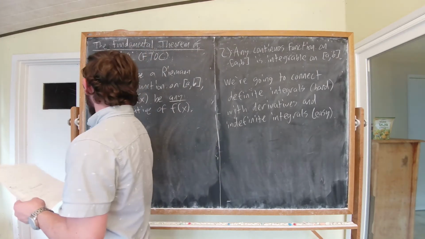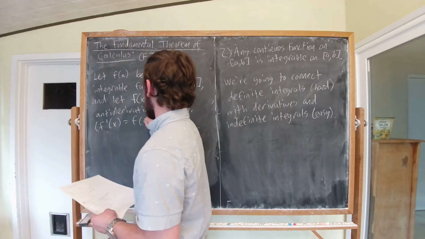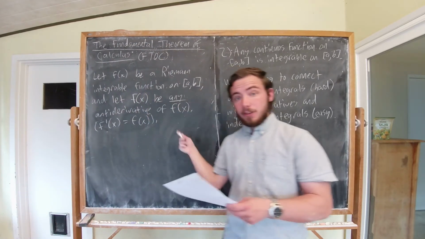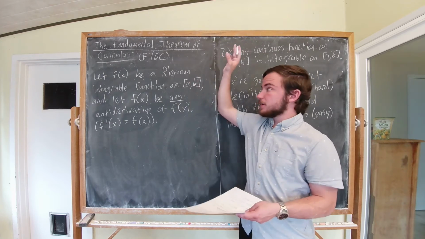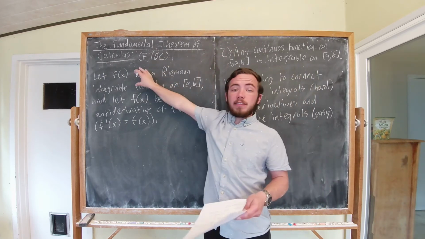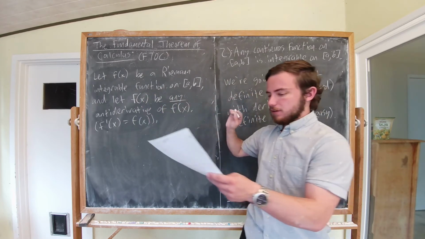So what does that mean? That means capital F prime of x is equal to little f of x. Okay, anytime we have this setup, we have a function that's integrable, and we have an antiderivative of it.